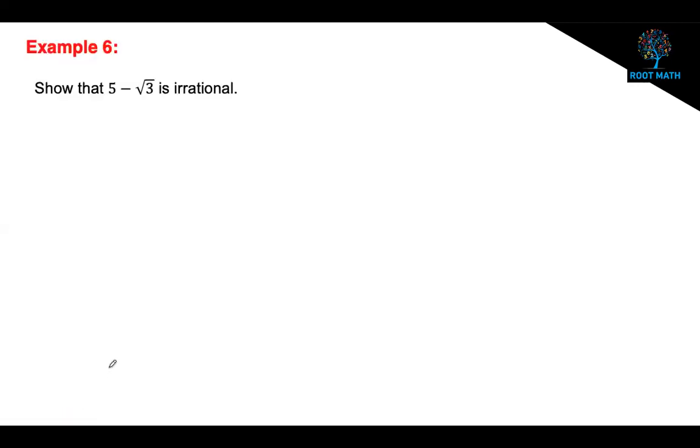Okay. So now, we have already proved that root 2 and root 3 are irrational. Now, when we do some addition or subtraction with an irrational number, will it become rational or irrational? Root 3 is an irrational number. If I add a rational number 5 to it, it is still irrational.